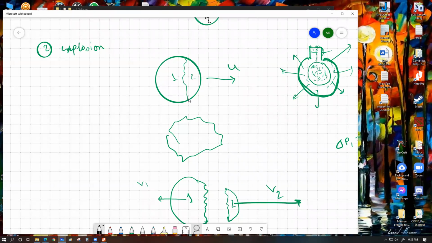Now, this is not the same. To make sense of the explosion scenario, I gave you the examples for carrom board and also talked about the pool ball table, but that's not the scenario for explosion. For the case of the pool ball table, we actually also have some amount of energy loss, because whenever we hit the carrom board or pool ball table, there is no actually stored potential energy within the object, because none of those balls are spring loaded, or none of them actually break into pieces.